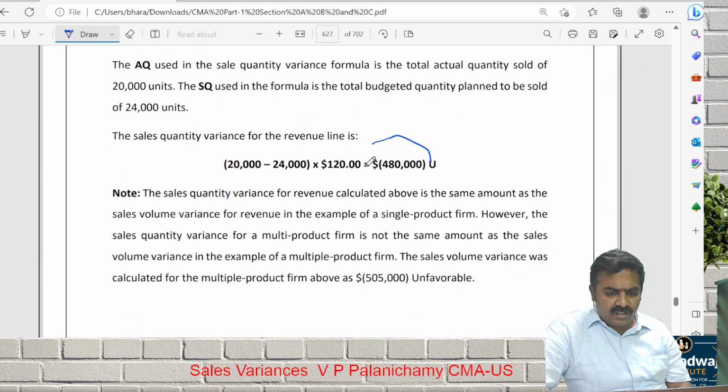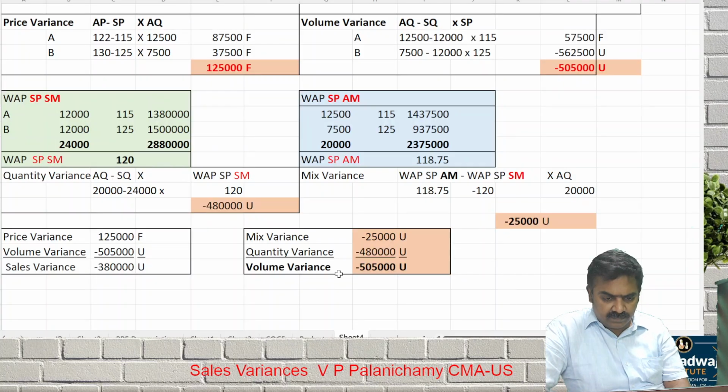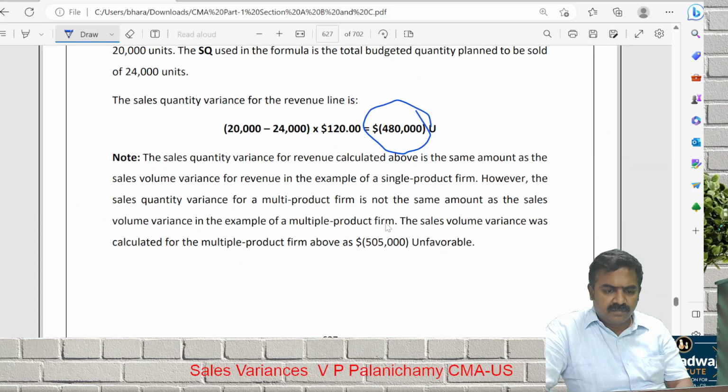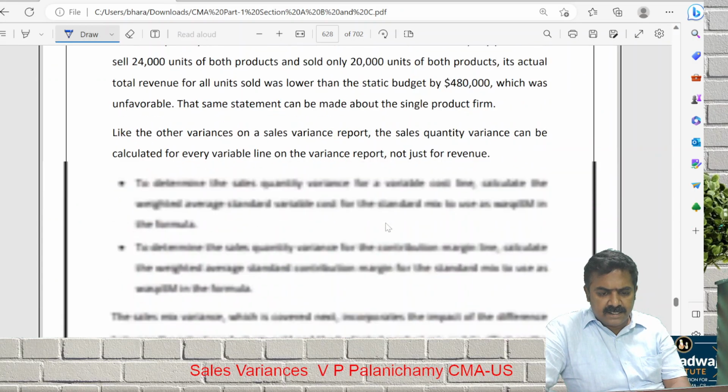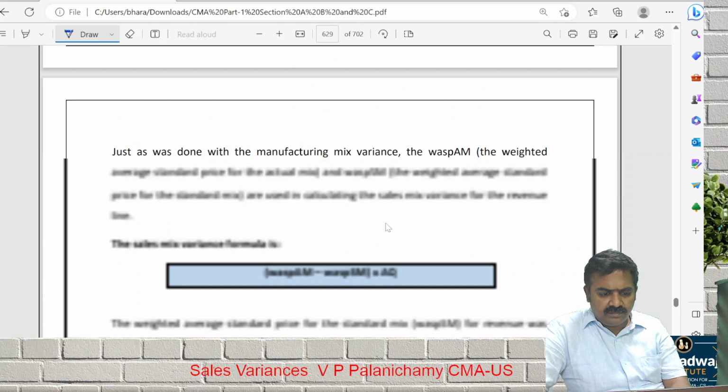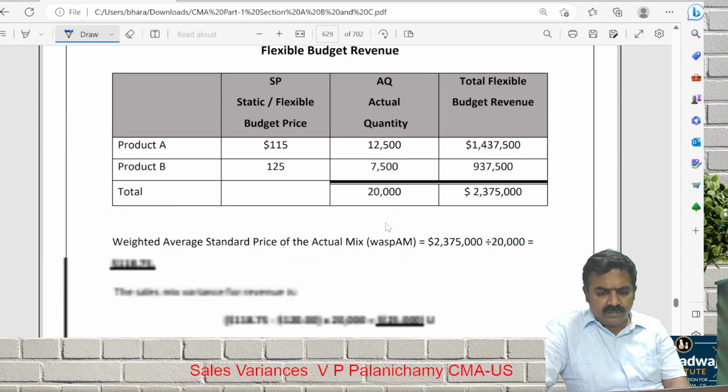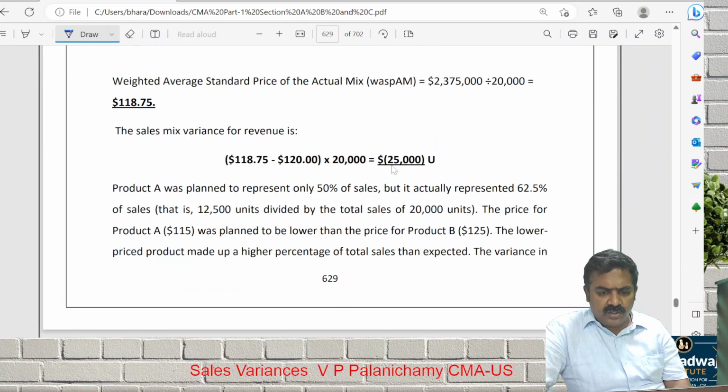Right? We got this 4,80,000 unfavorable. Mix variance 25,000 unfavorable.